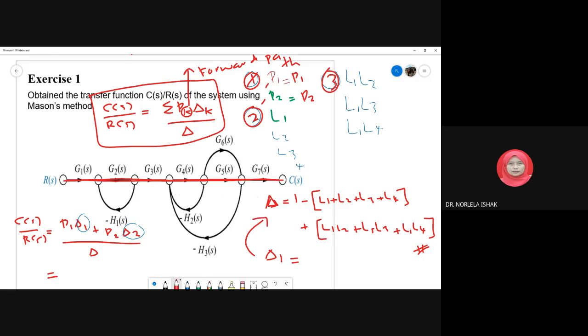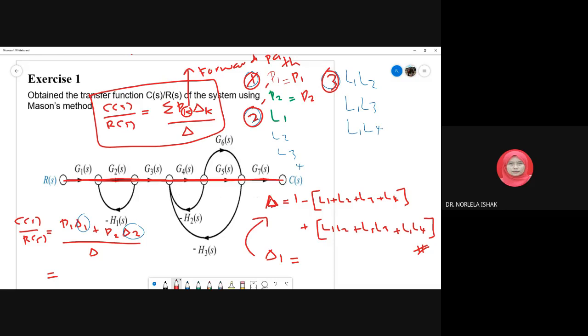You have to refer to the determinant. The loop gain touching P1, or touching forward path number 1, you have to eliminate from the determinant.